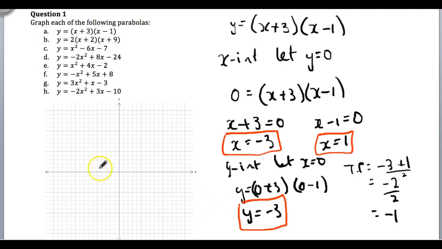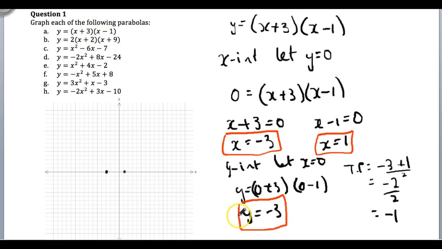And when you think about it, if we were to graph that, and here I've got a scale, so I should really be a little bit better with my scale. Let's see what I've got. Okay, it's going to be a bit hard to see here. So we've got x, we'll do 1 there, and -3 is here. So there's our x-intercepts.